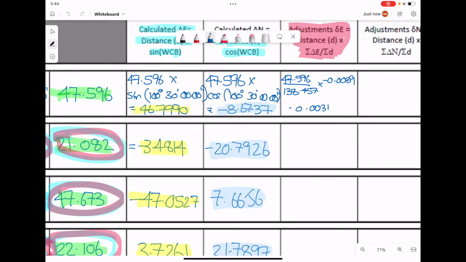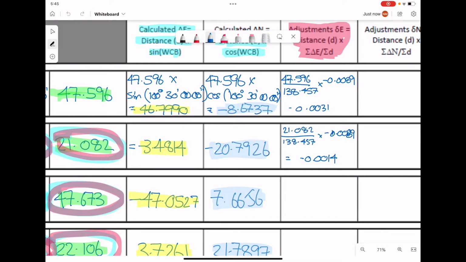We'll still use the same total distance, 138.457, and multiply that by our total delta E, which is minus 0.0089, to give us an adjustment for this one of minus 0.0014.